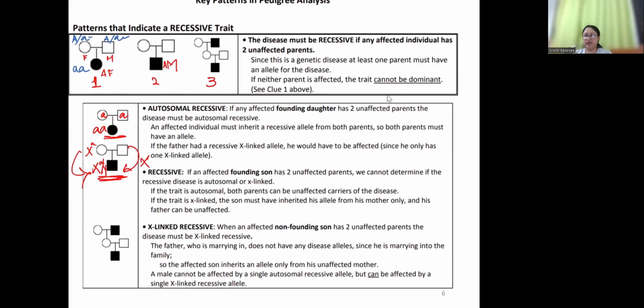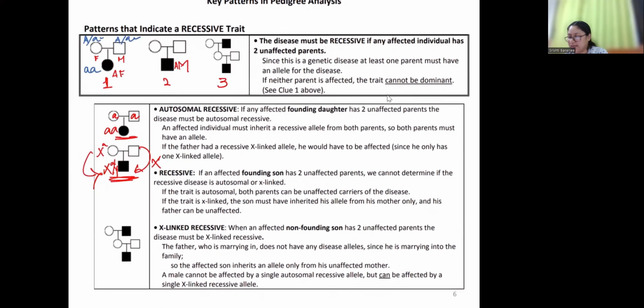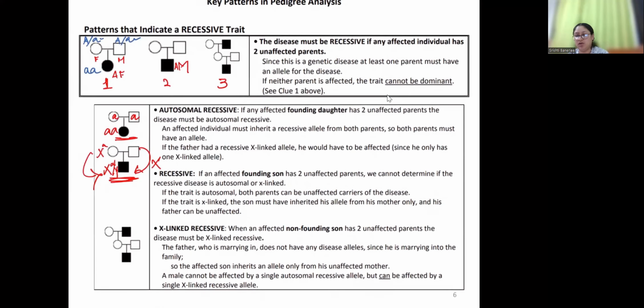Now let's get into more details of the X-linked recessive one. So when an affected non-founding son has two unaffected parents, the disease must be X-linked. So what does that mean?